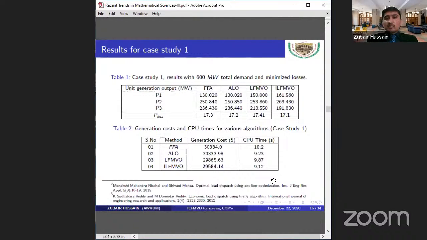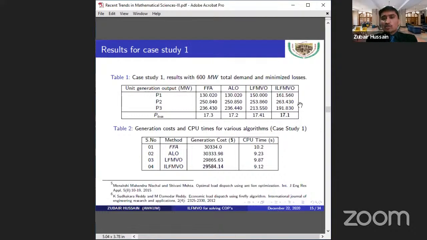This slide presents 2 tables, where table 1 presents the solutions of our proposed algorithm for case study 1 and compares our solution with state-of-the-art techniques, that is Firefly algorithm, Ant-lion optimizer, and Levy-flight-based multiverse optimizers.